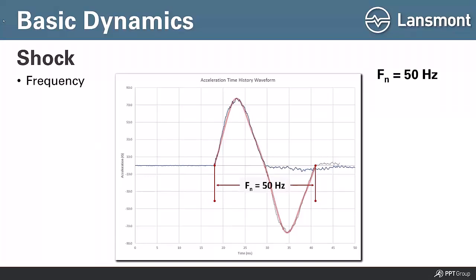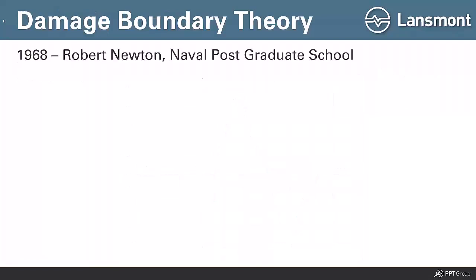It would respond poorly, quite frankly, to that shock pulse, as opposed to something that might have a natural frequency of, say, 200 hertz or 500 hertz. So it's important to understand that because it also speaks a lot to the true severity of what's going on.